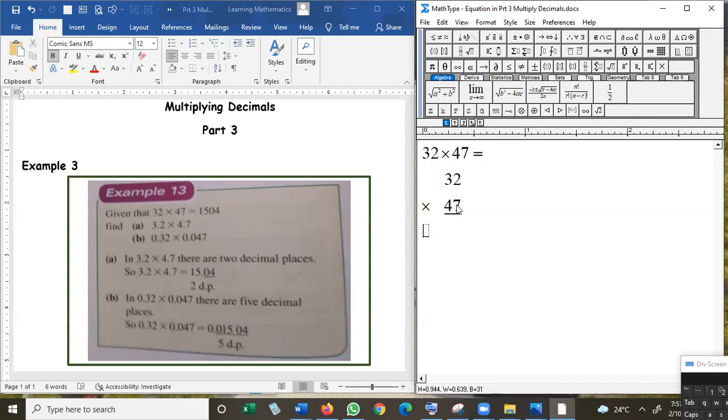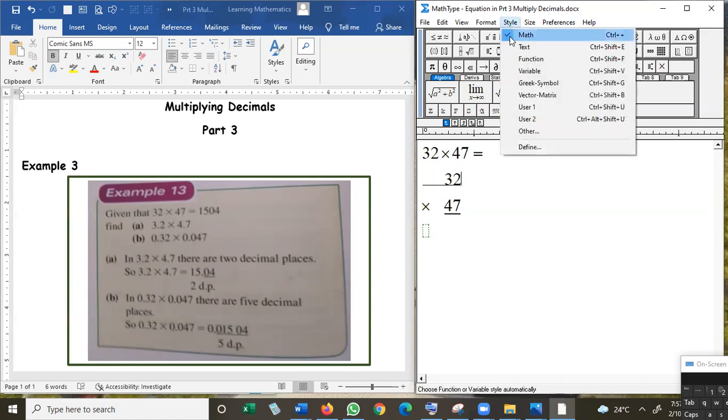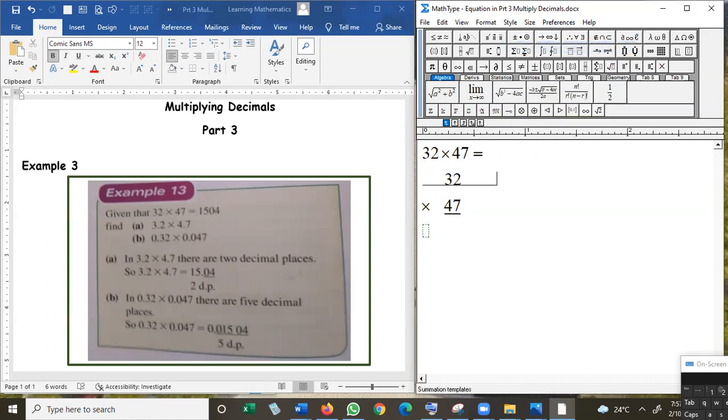Starting with the 7, the unit, 7 times 2 is 14. So you write down 1 4, 1 tenth and 4 units. You bring down the units, that will be 4, and you carry forward the tenths, which is 1 tenth.